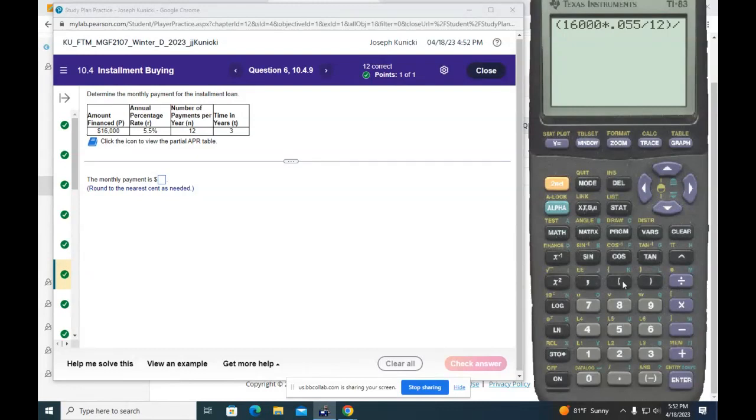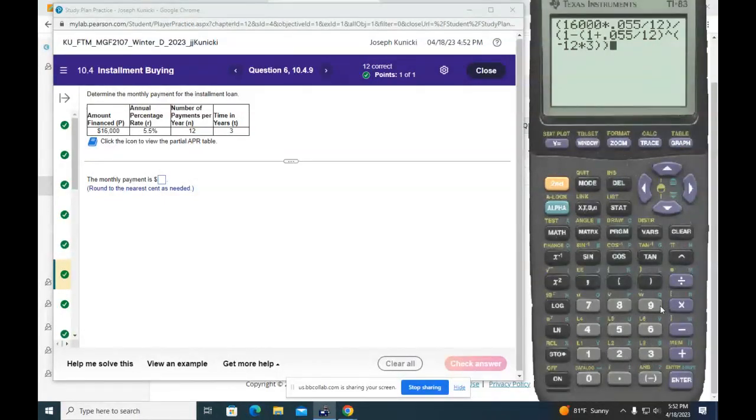And so I divide by parentheses 1 minus parentheses 1 plus R over N. There's our old buddy. 1 plus R, which is 0.055, divided by 12, which is N. And then caret, and now here's the kicker, it's caret negative NT. So negative N is negative 12 times T is 3.